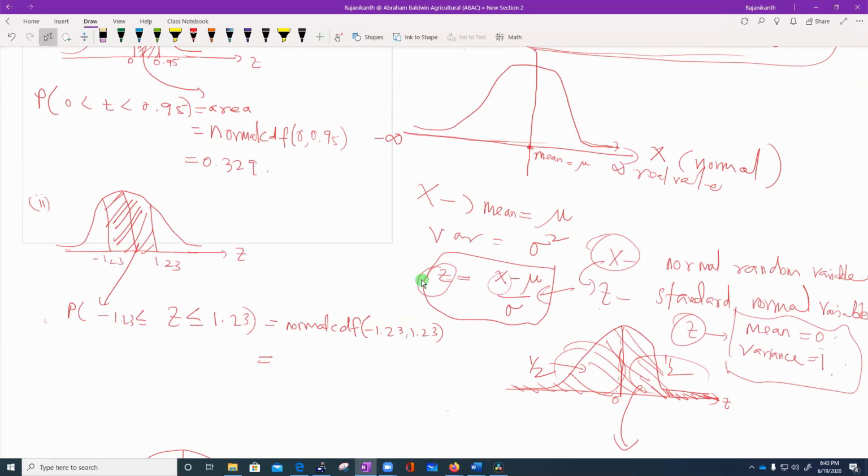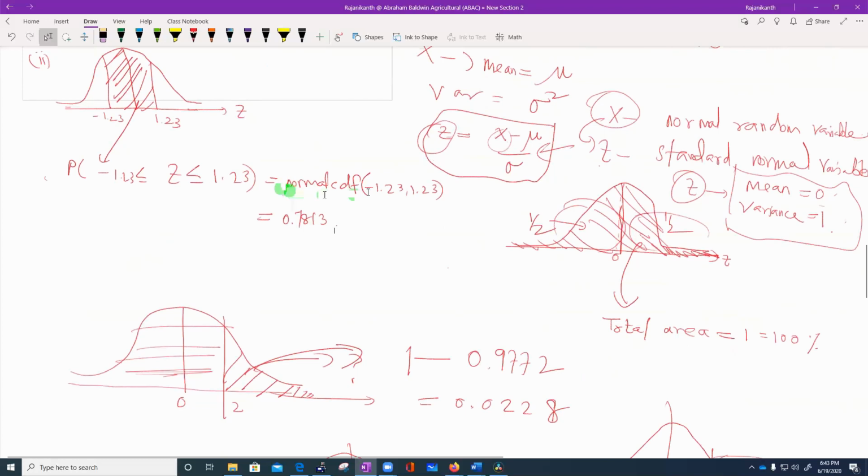If you type that, did you notice any difference between my answer key and the one I'm writing here? There's a difference in the normal CDF code. Do you see that? Yes, sir. In the answer key I have written two more numbers inside the parentheses.